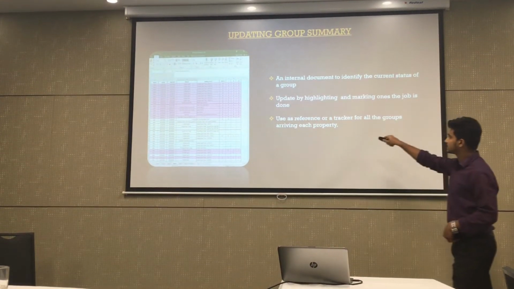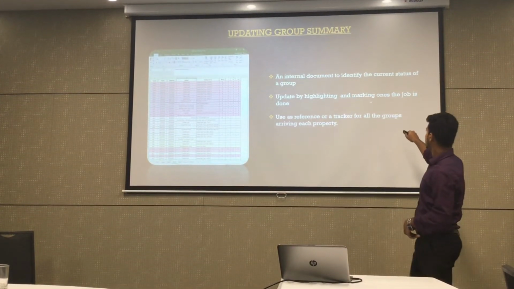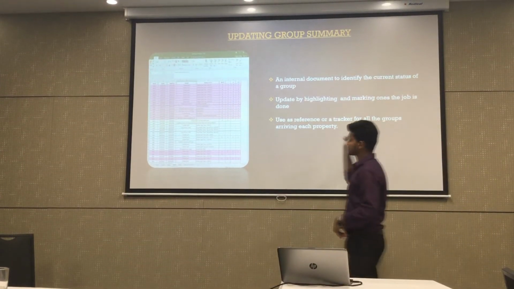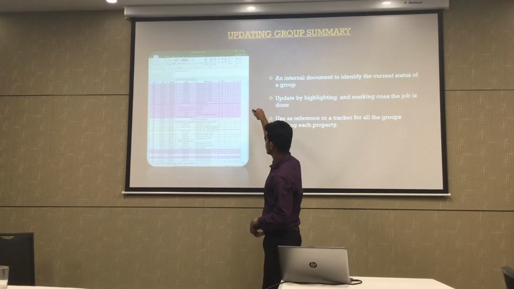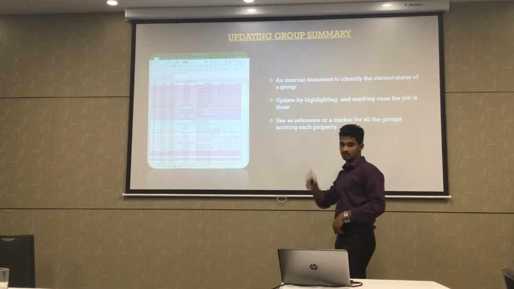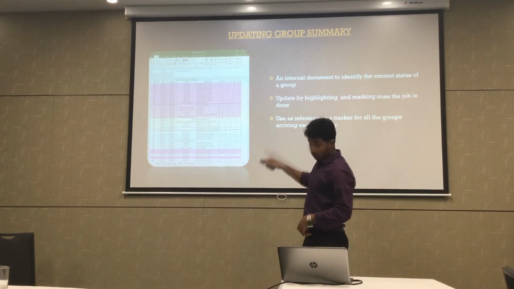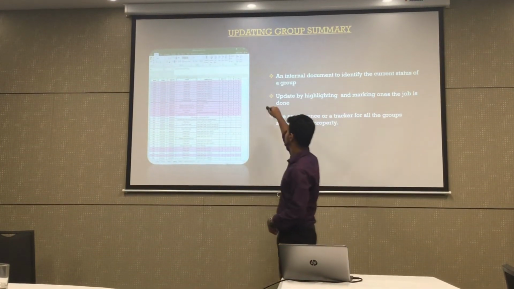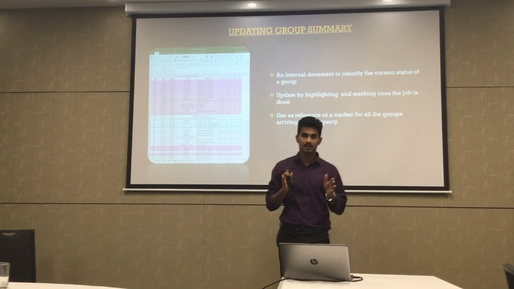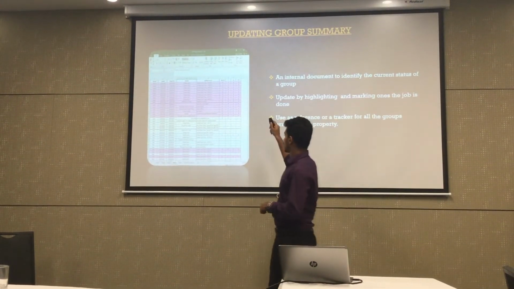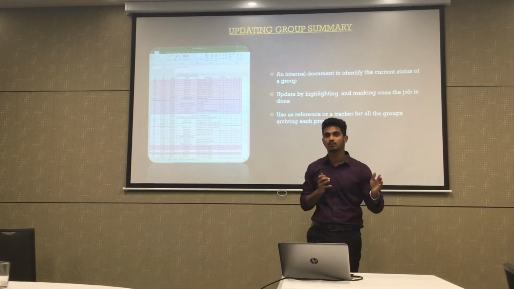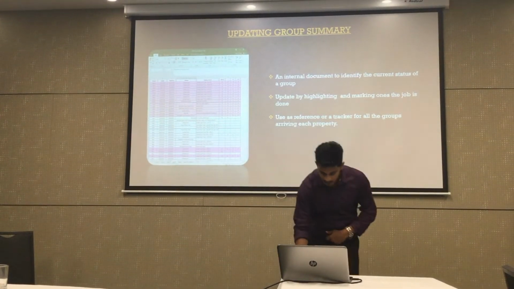Sorry, updating by highlighting and marking once the job is done, which means this is the rooming list, and the GSS, the group summary, from the previous slide. Once the job is done, we will be highlighting it in here just for our reference or tracking what's the status of the group.